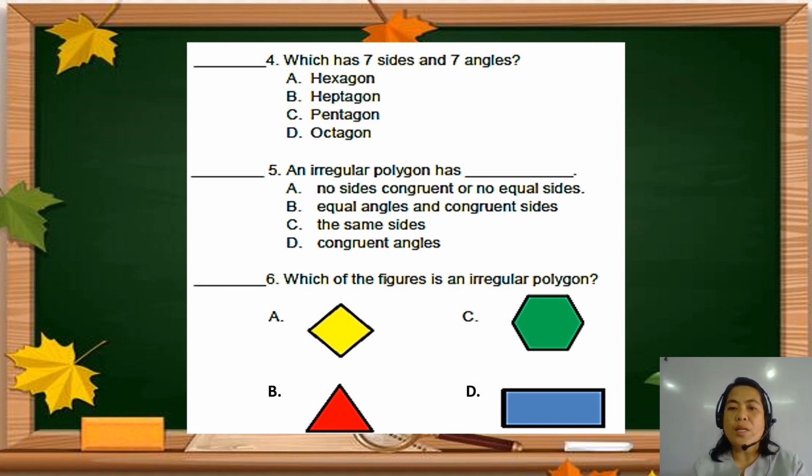B. Equal sides and congruent sides. C. The same sides. D. Congruent sides. Choose the letter, write it on the blank. Number 6. Which of these figures is an irregular polygon? Is it A, B, C, or D? Then write your answer on the blank.